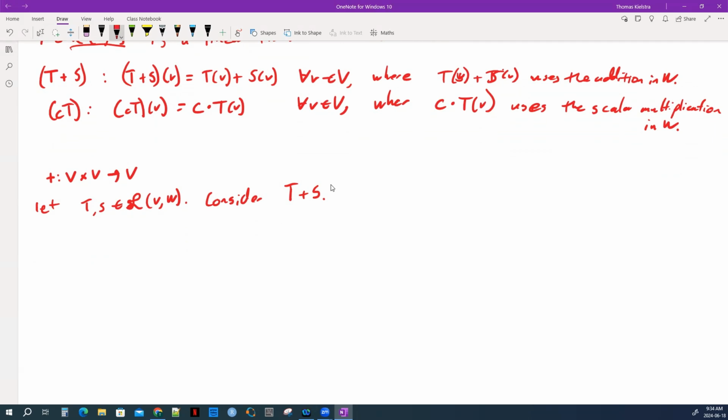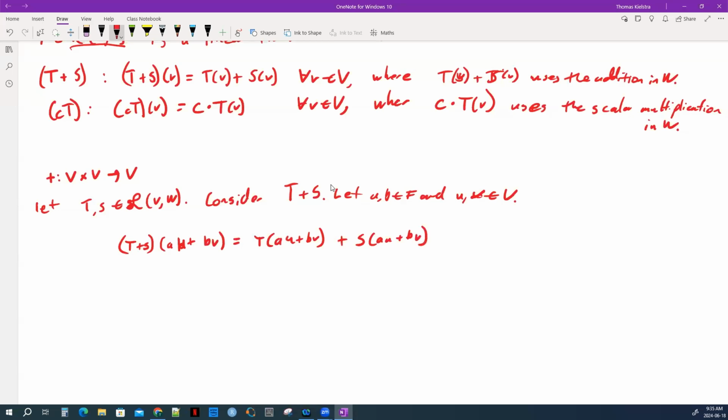Well, to show this, I'm going to look at T plus S of a u plus b v, where a and b are scalars and u and v are elements of my vector space V. Well, T plus S of a u plus b v is equal to T of a u plus b v plus S of a u plus b v by definition of addition.